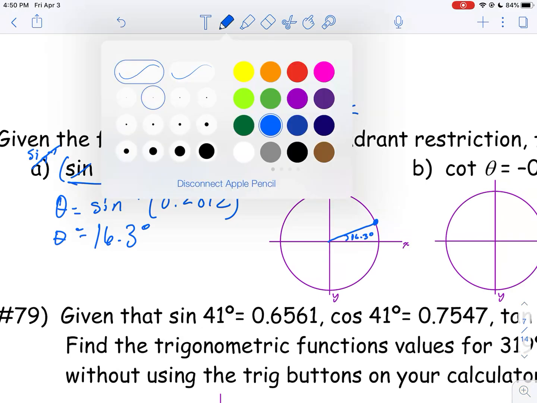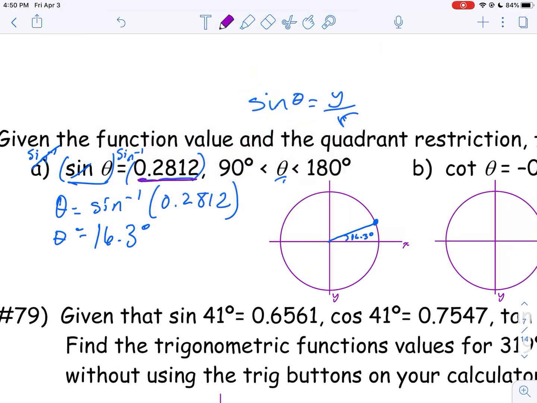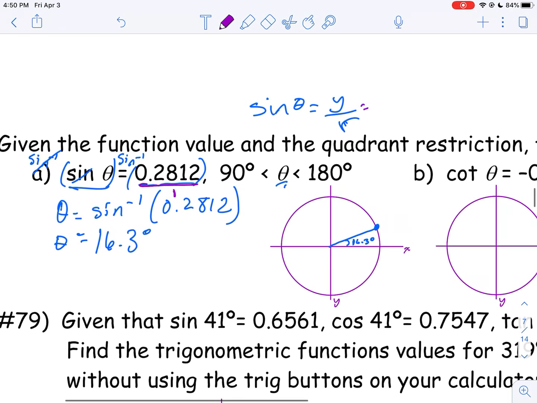What are we going to do about that? Well, we can make the denominator a 1. So now I can think of y as being 0.2812 and r as being 1. So if this is 1, change to blue. This is 1, then my y value here is 0.2812.